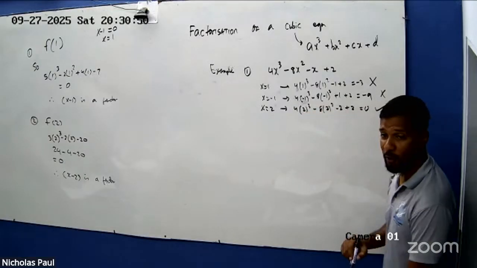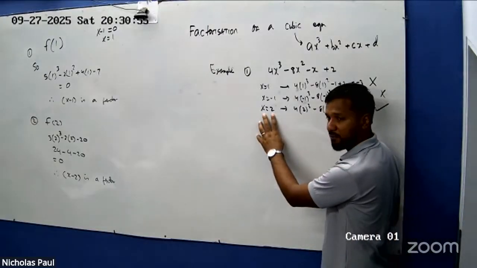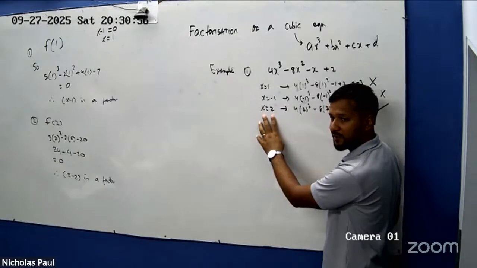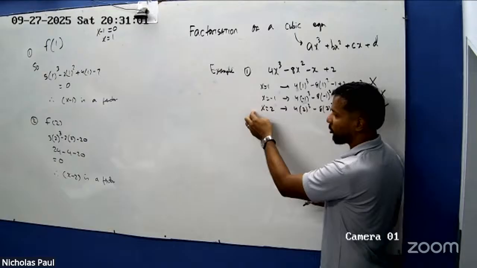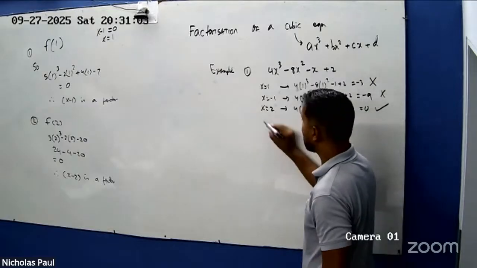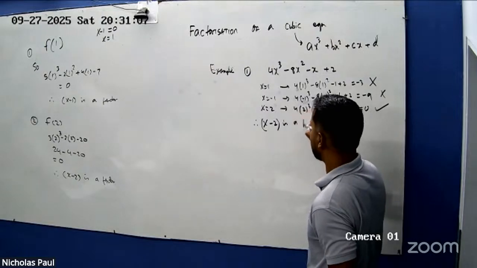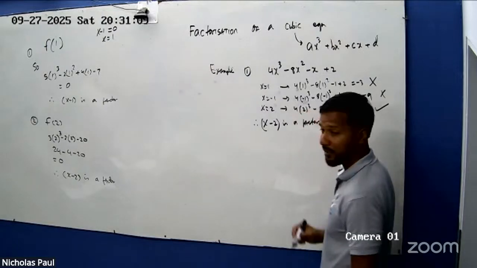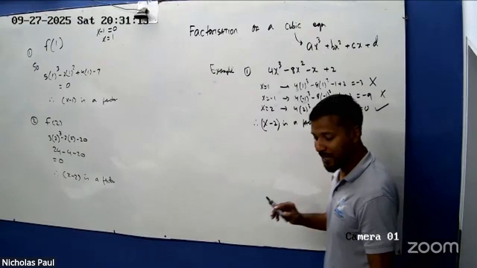So we found our factor. Quick question: what would the factor be? x minus 2. You're doing the reverse of what we've been doing here. Carry across 2. Therefore, x minus 2 is a factor. That's okay, but that's very long. We'll go to the calculators now.